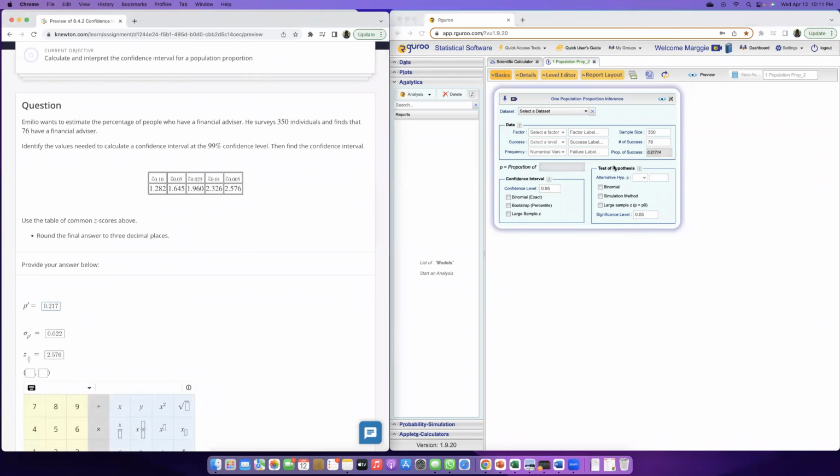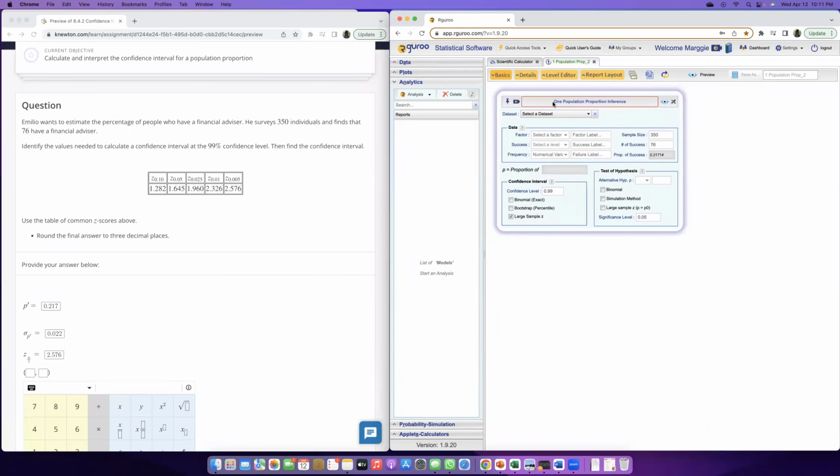The 0.217 is just right there. So here, where it says confidence interval, I'm going to change this to 0.99. And we are going to choose the large sample Z for our method. All right. So now something we need to be careful with is that it won't let you go through if you don't label your factors.